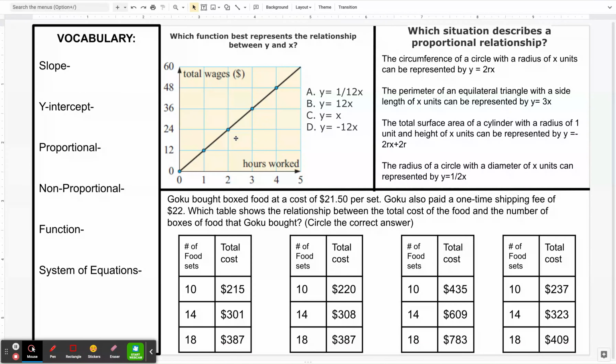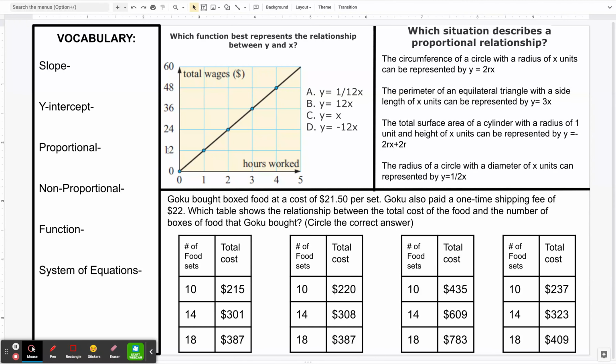So, right here, it says which function best represents the relationship between y and x. On the y, we have total wages, and on the x, we have hours worked. All we have to do is identify whether the answer is A, B, C, or D, and how. How do we get that?